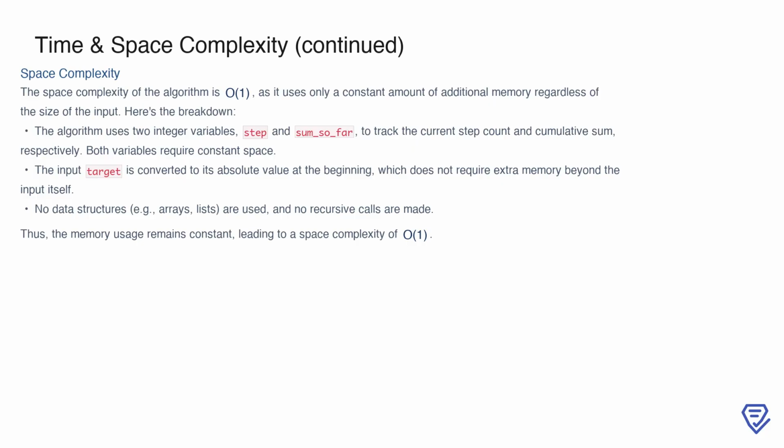Additionally, the input target is simply converted to its absolute value at the start, which doesn't require any extra memory beyond the input itself. The algorithm avoids the use of data structures like arrays or lists, and it doesn't rely on recursion, both of which could increase memory usage. Consequently, the algorithm's memory footprint remains constant, leading to a space complexity of O(1).